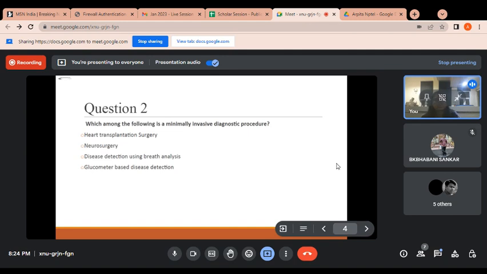So the next question is, which among the following is a minimally invasive diagnostic procedure? Heart transplantation surgery, neurosurgery, disease detection using breath analysis, and glucometer based disease detection. So what is the right answer?